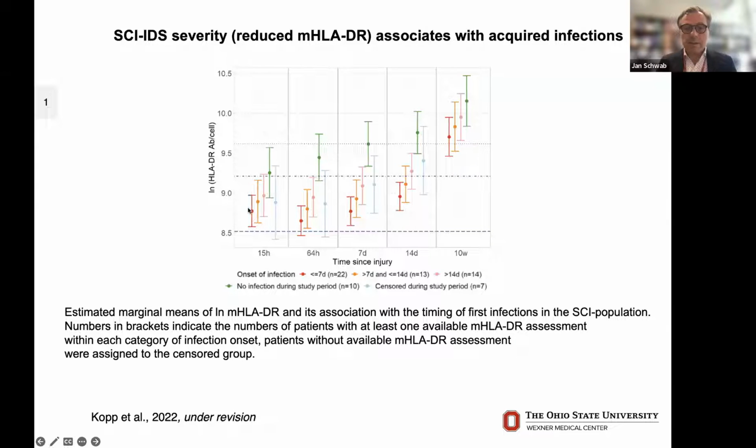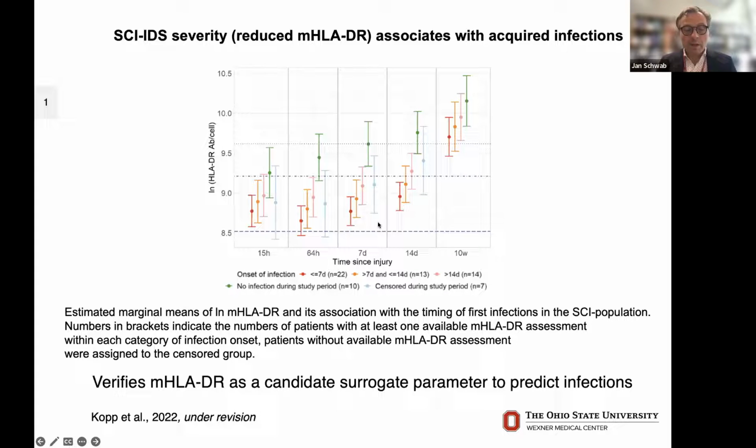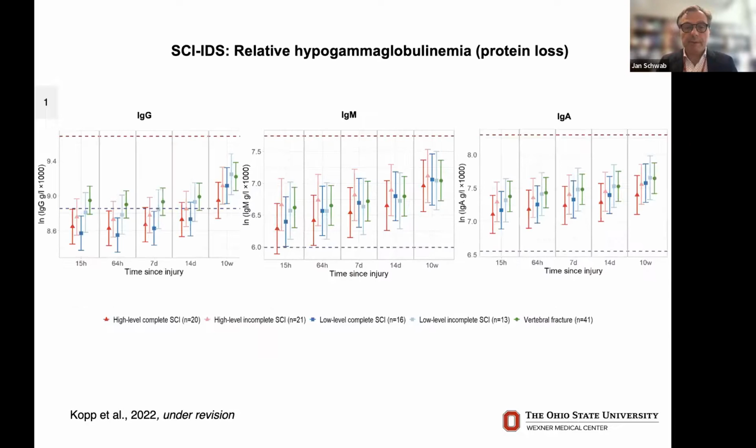And you can see that particularly those with low HLA-DR expression, indicating deactivation of monocytes or immature monocytes, are the ones which get infections early, and this is actually the group which remains prone to be immunocompromised throughout. So this verifies monocytic HLA-DR as a candidate surrogate parameter on monocytes to predict infections.